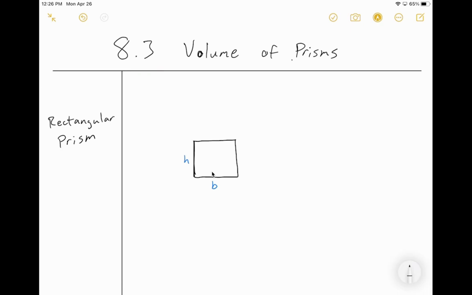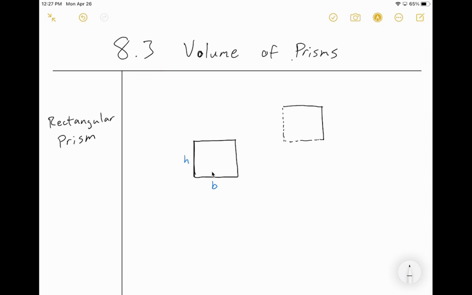So before we get there, let's go ahead and draw the other square that's the same size. It should be about the same size, and I put dotted lines for the ones in the back there.